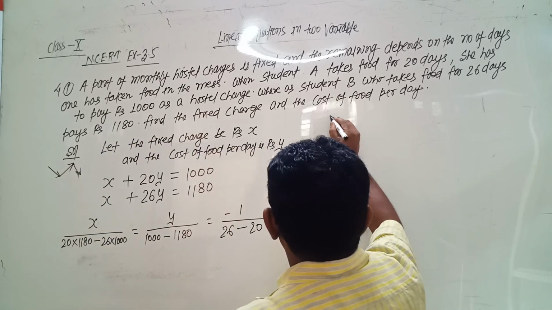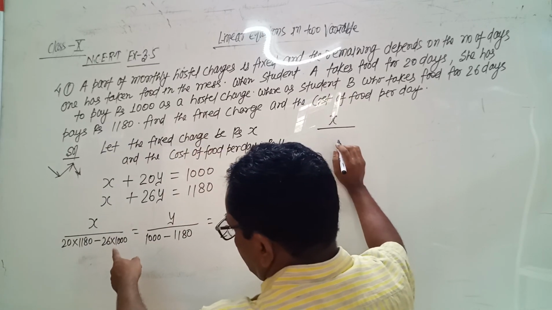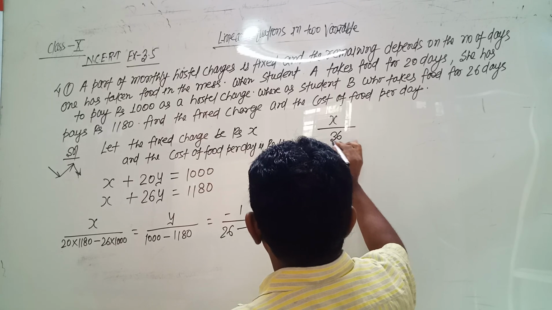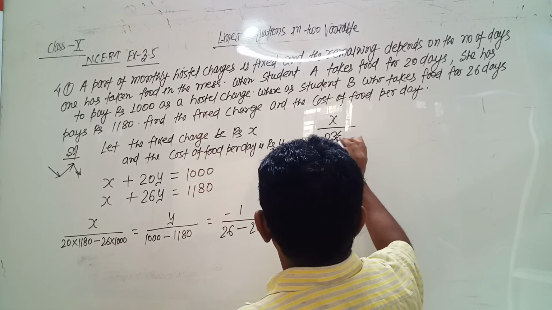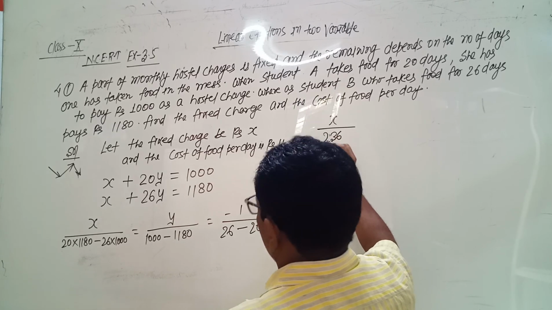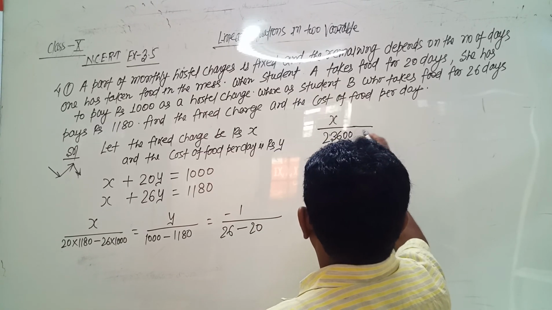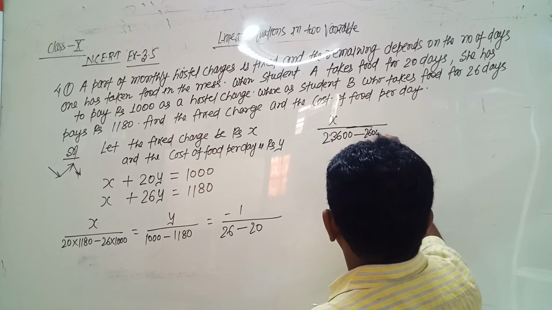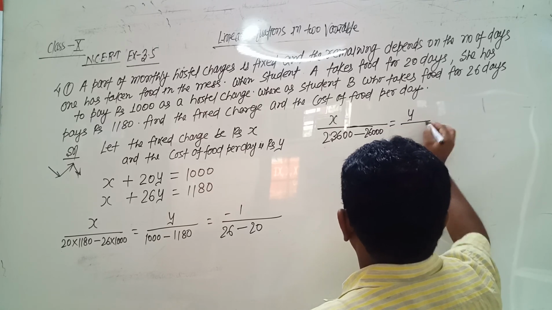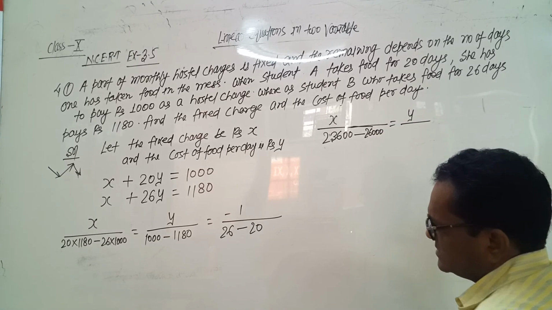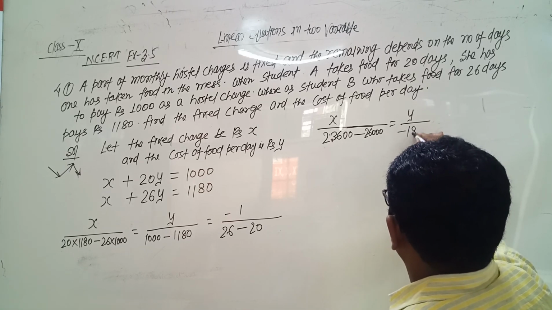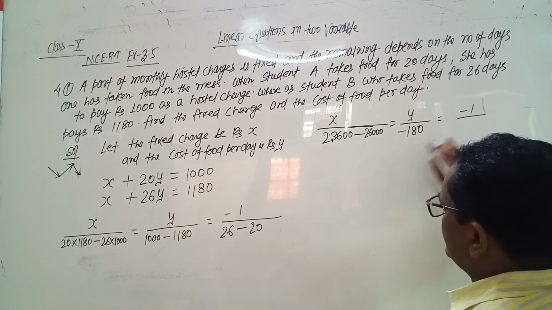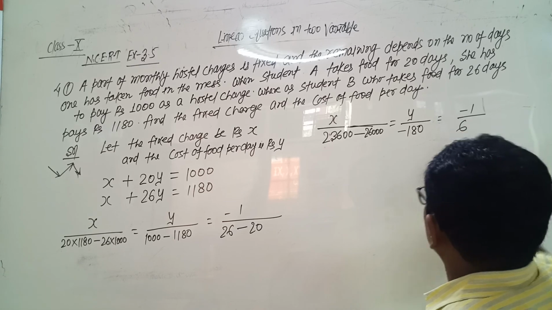So solve this. X upon 20 into 1180, which is 23,600, minus 26 into 1000, 26,000, equals to Y upon 1000 minus 1180, which is minus 180, equals to minus 1 upon 26 minus 20, we get 6.